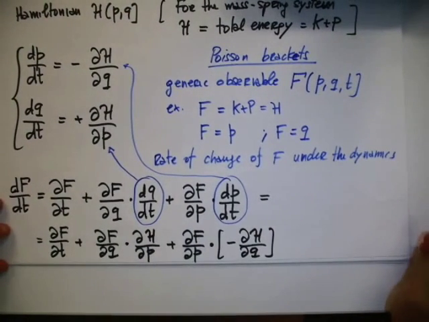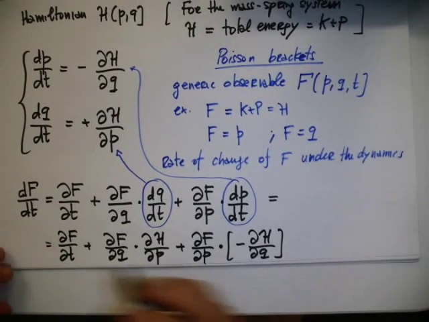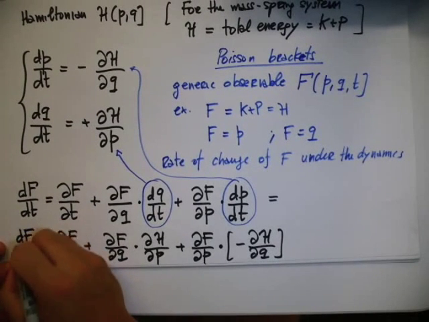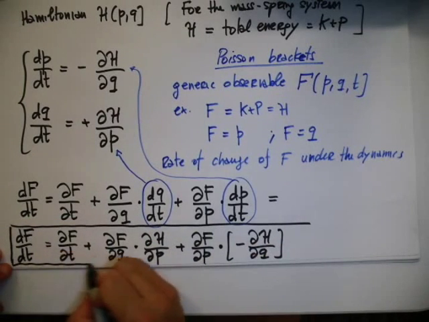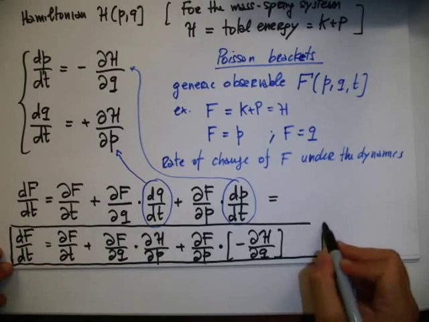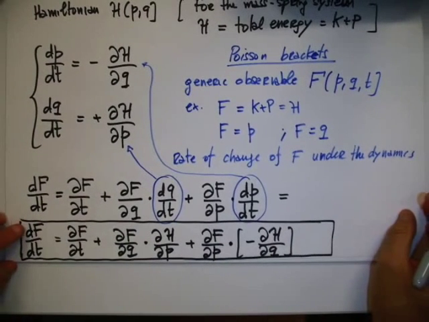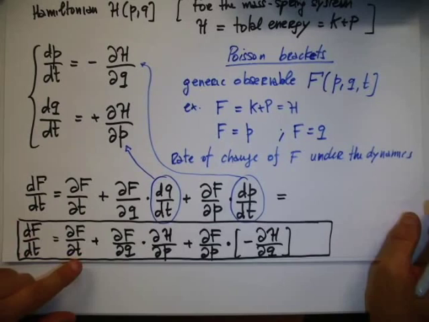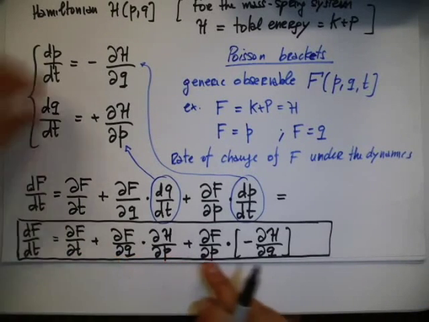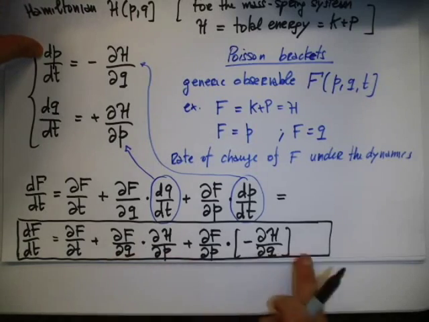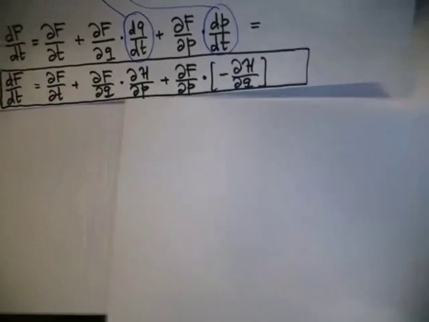Now you see that a structure appears here, okay? So we get these nice results. We can write the total derivative for any observable f in terms of the Hamiltonian, the derivatives of this Hamiltonian, okay? Actually, there is an extra structure here.